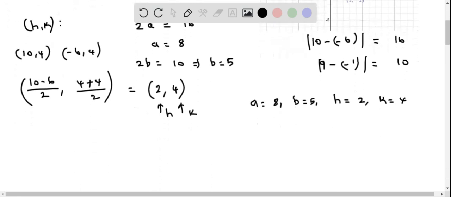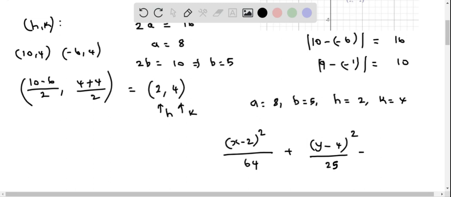So therefore we will get (x minus h) quantity squared, that is (x minus 2) quantity squared over a squared. a is 8, so a squared equals 64, plus (y minus k), which is (y minus 4) quantity squared, divided by b squared. b is 5, so b squared equals 25, equals 1. So this is the standard equation of the ellipse for the given vertices and co-vertices.